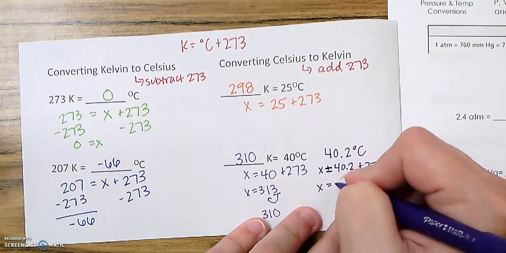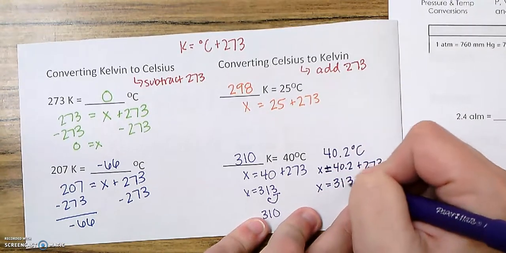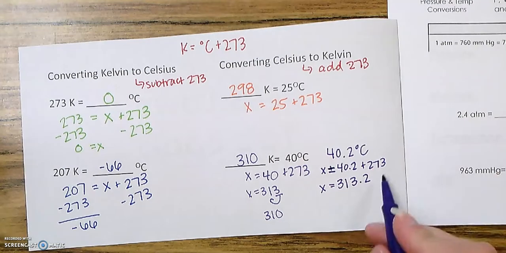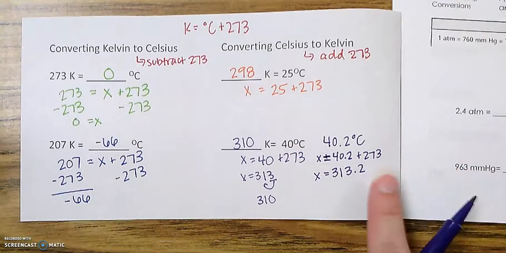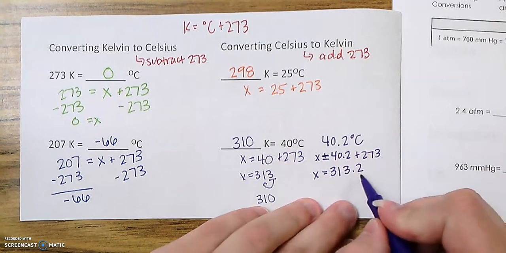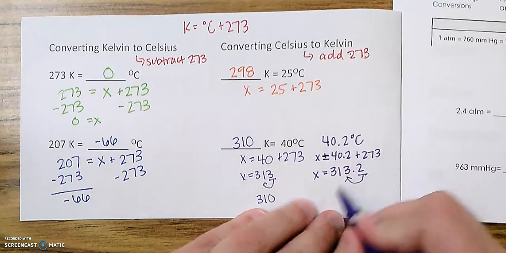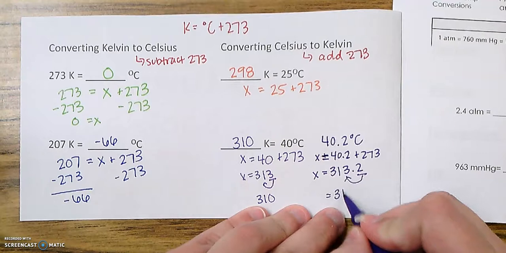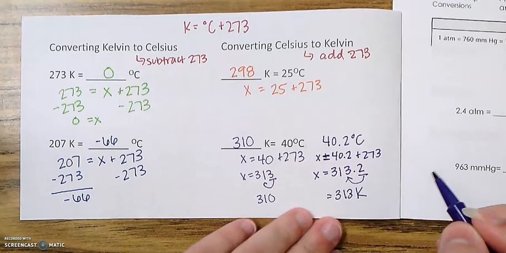So X would be 313.2. Well, I can't go past my ones place, so I'm going to have to round this. What does that 2 do to that 3? Absolutely nothing. So 313 Kelvin.